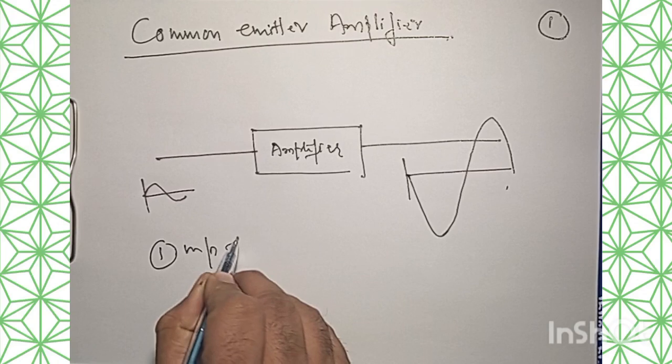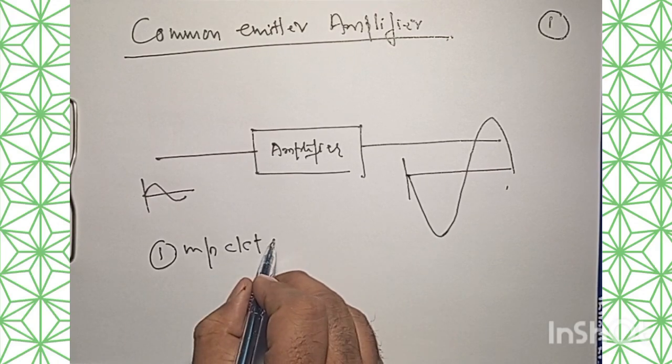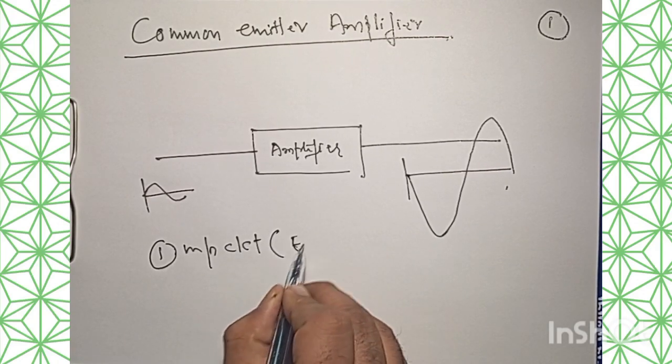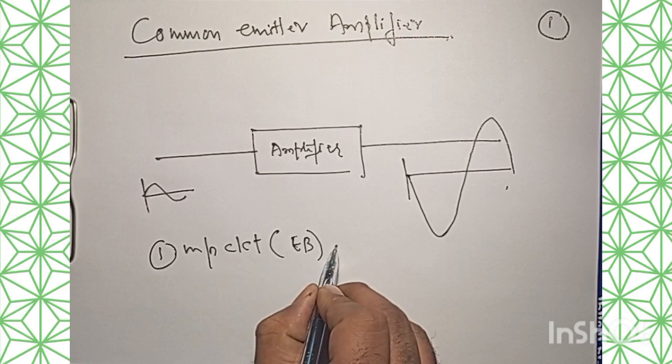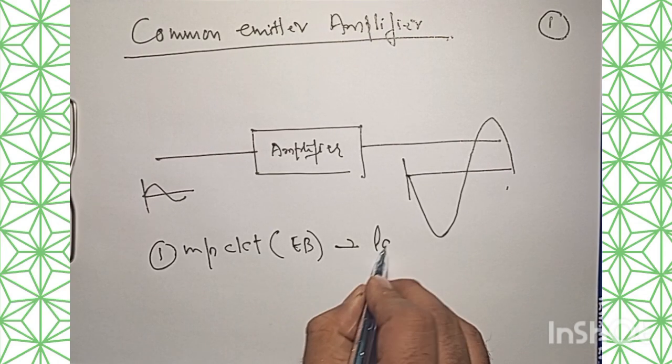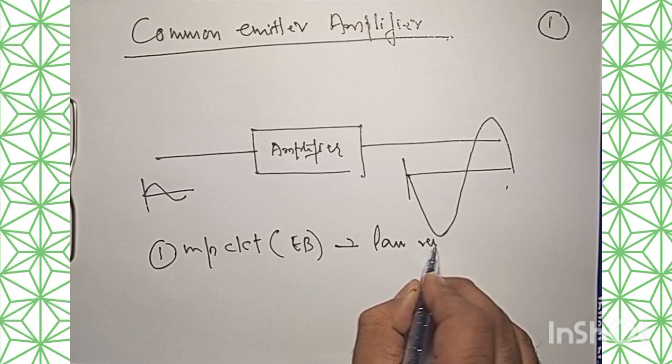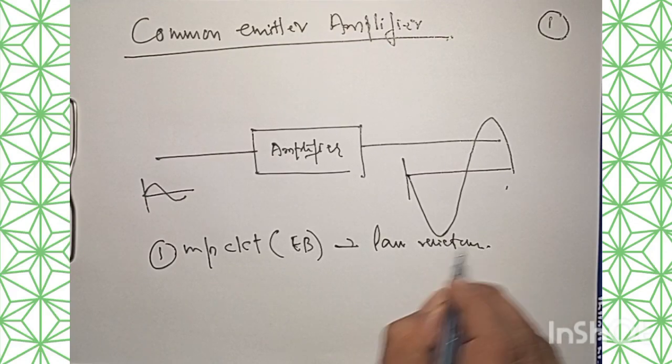So the input circuit, in this case between emitter and base, has low resistance. Okay, so low resistance, right?